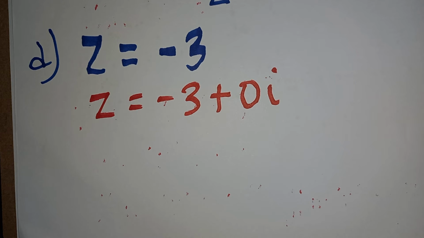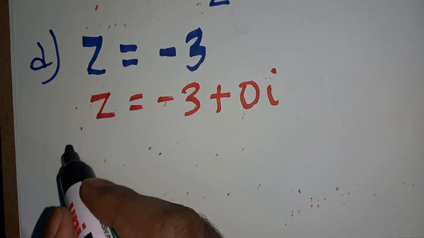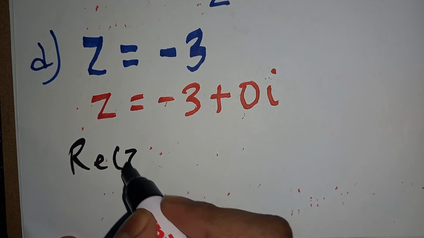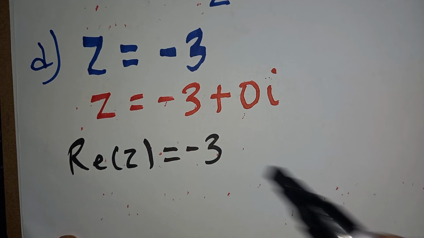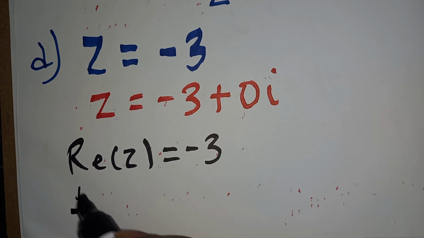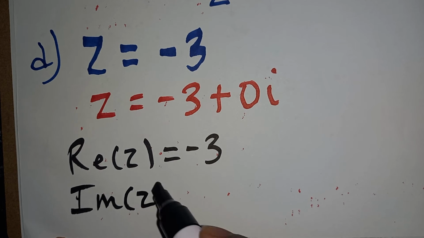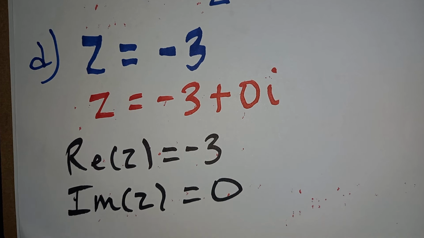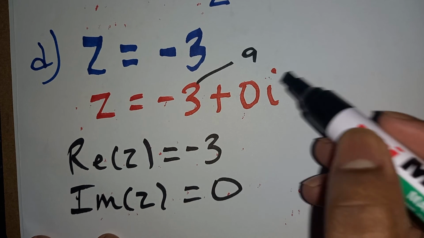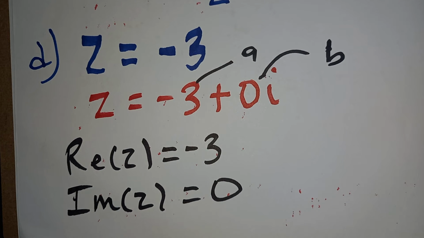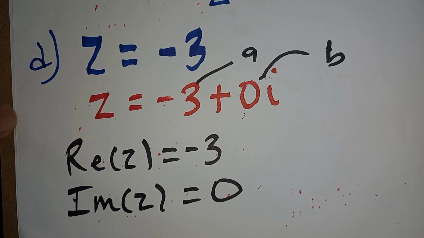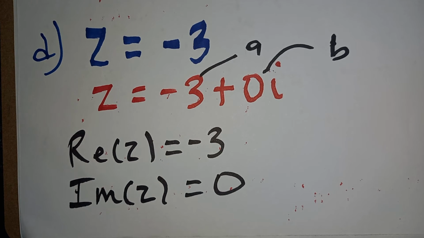Now we can write our real and the imaginary part. So the real of z is equal to this minus 3, and the imaginary part of z is basically 0, right? So this is our value of a, and this is our value of b. Okay, so that is how we write when one part is missing, right?